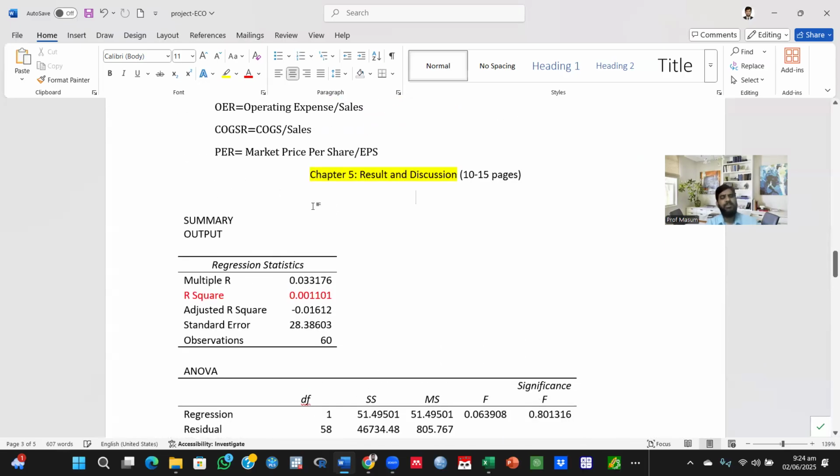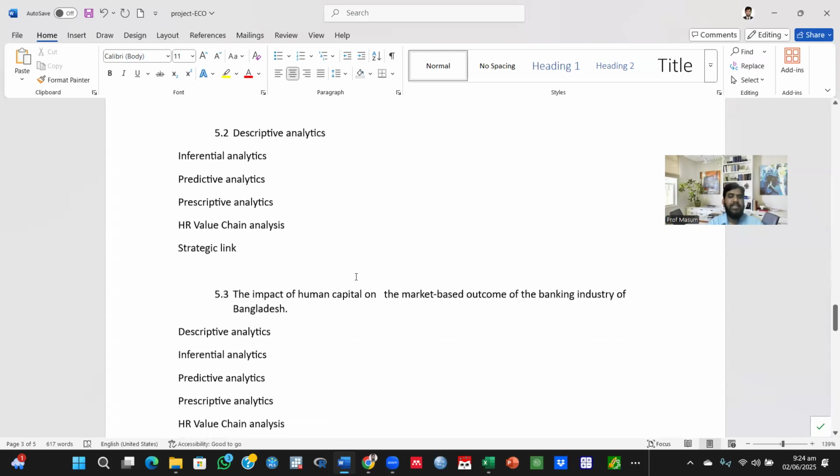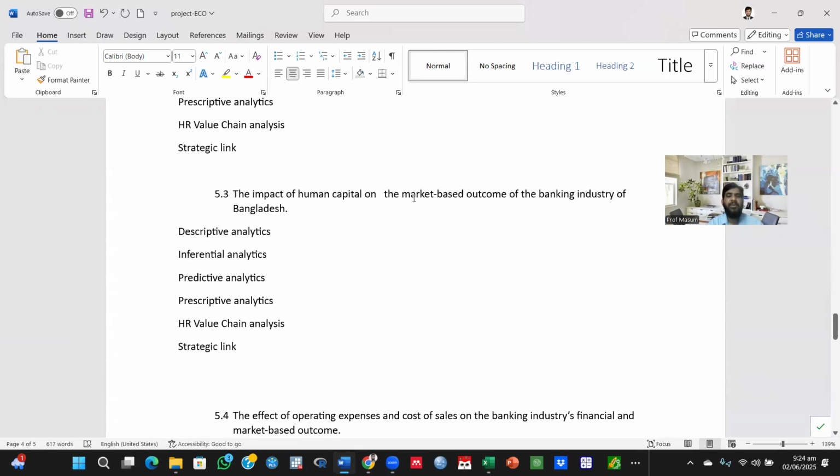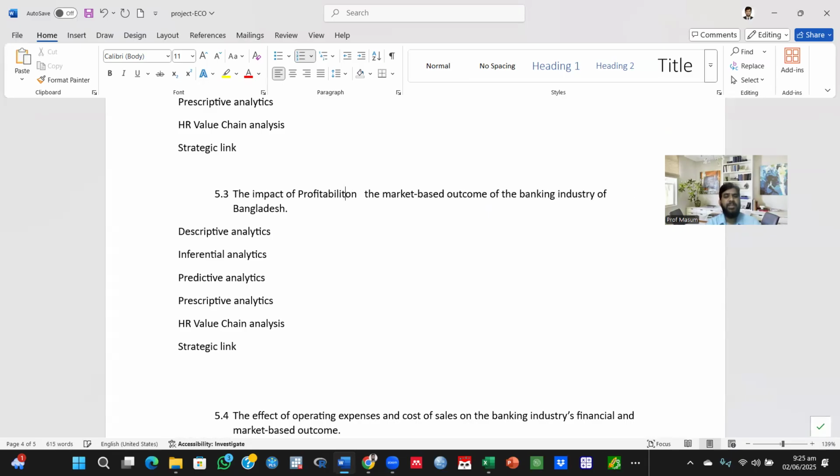So the first section you have explained this way, and the second section will be the impact of profitability on the market-based outcome of the company.